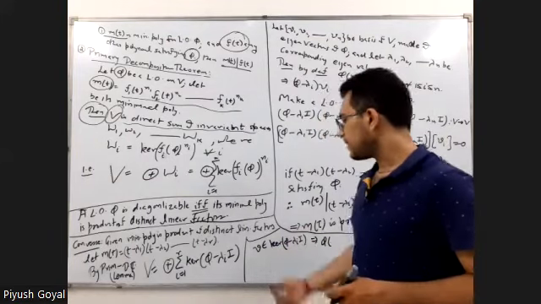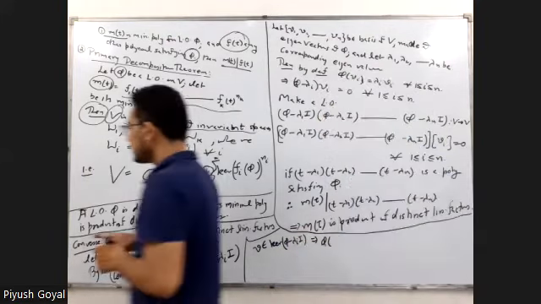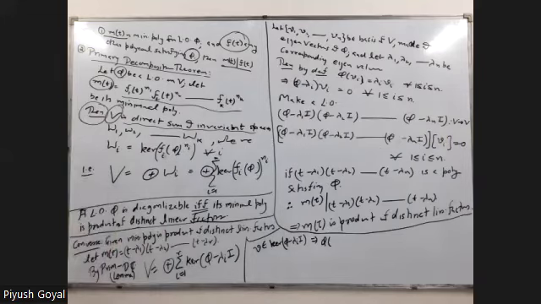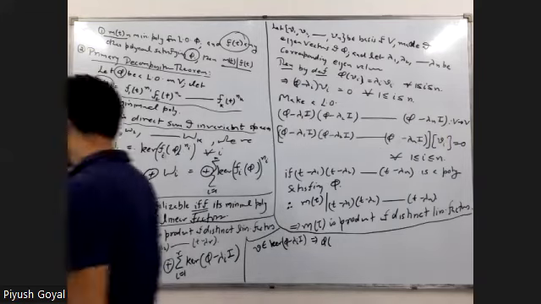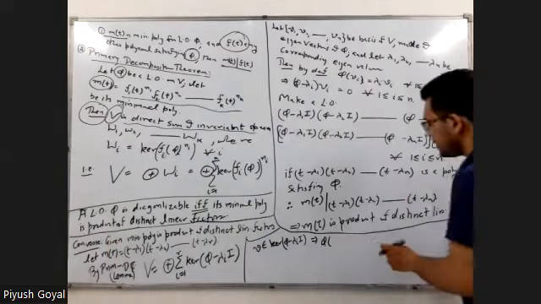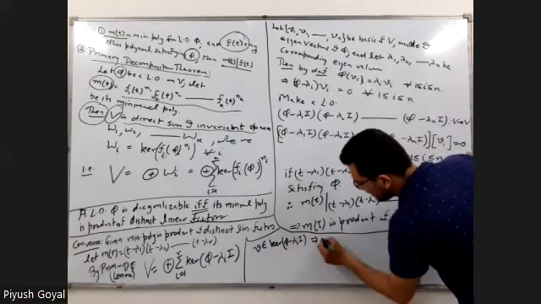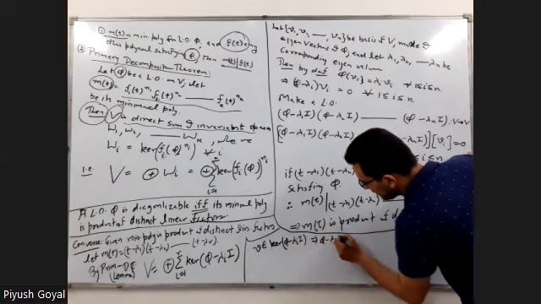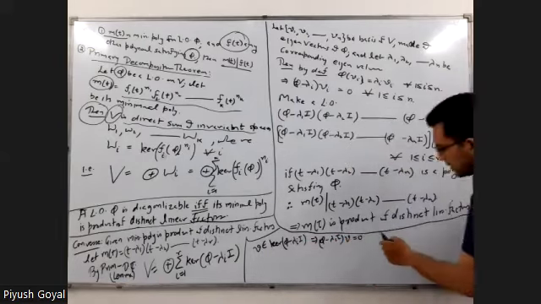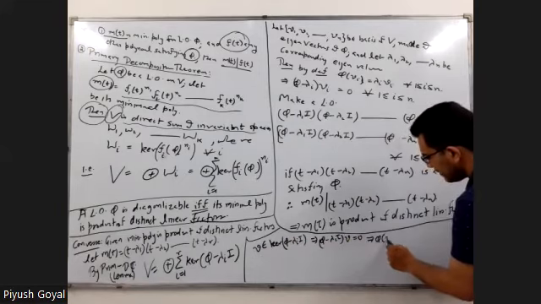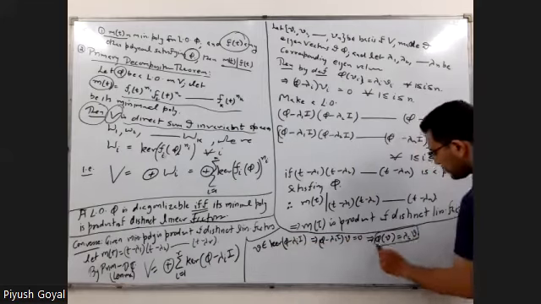Kernel means when you put this V in this, the definition of kernel says that when you put this element in the linear operator, this will become 0. This means phi V is equal to lambda I V. I hope this thing is clear to you.